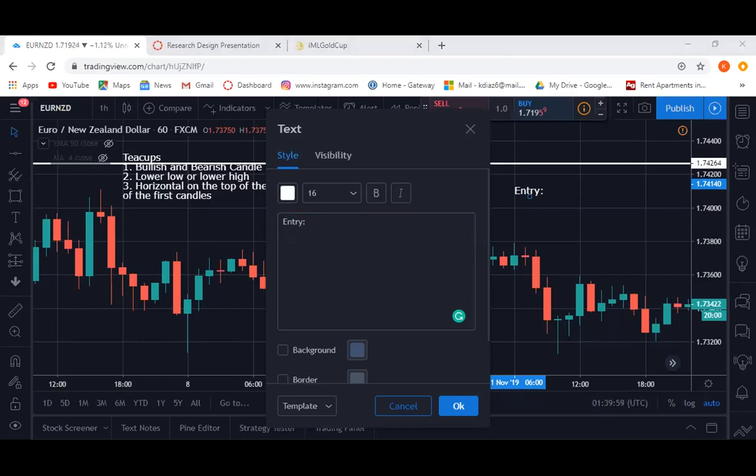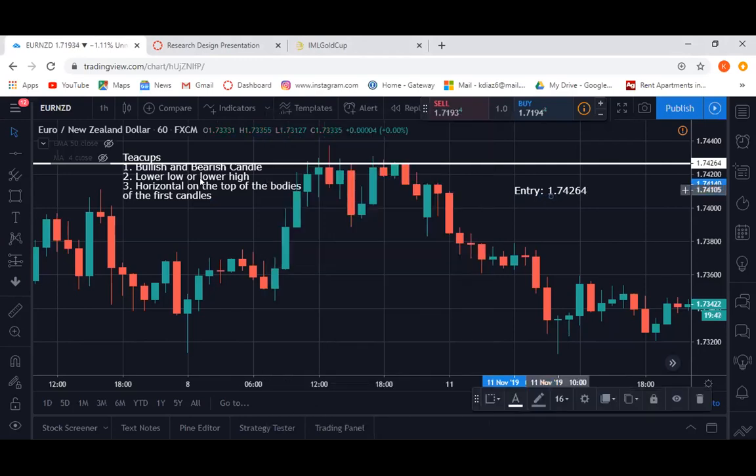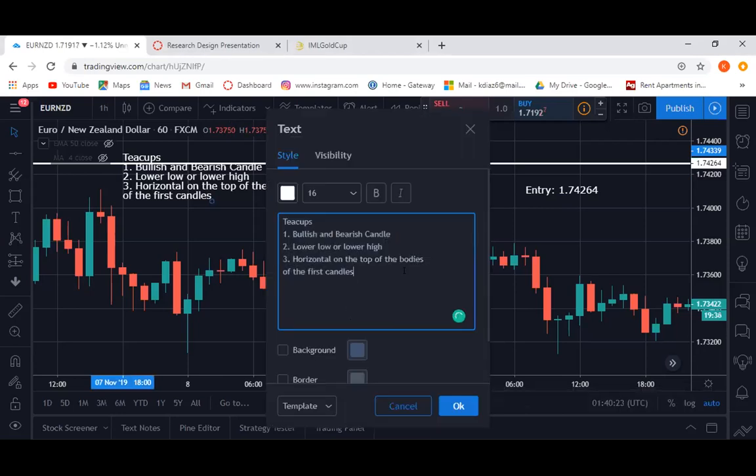So if you look all the way to the right of the screen, you're going to see that this white line is attached to a number, and it's attached to 1.74264. So that number then becomes my entry. And once I have my entry, then I move on to step number 4, which is to find my take profit and my stop loss.